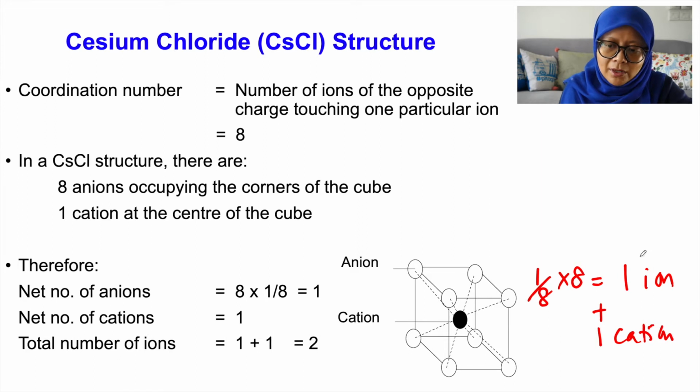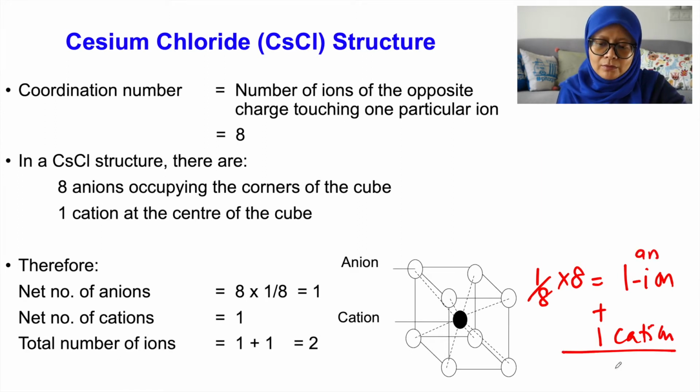So 1 plus 1, we have 2 ions for the cesium chloride structure. So that's all for cesium chloride.